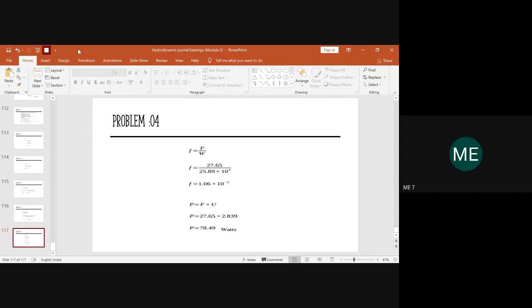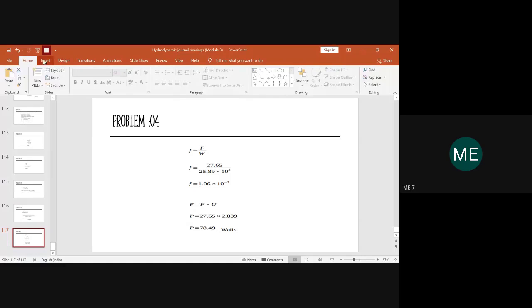Shobit is absent. Siddharth B, Siddharth Sridhar is there. Siddharth B is absent. Subramanya, Tinumana Sethi Rohan, yes, ma'am.